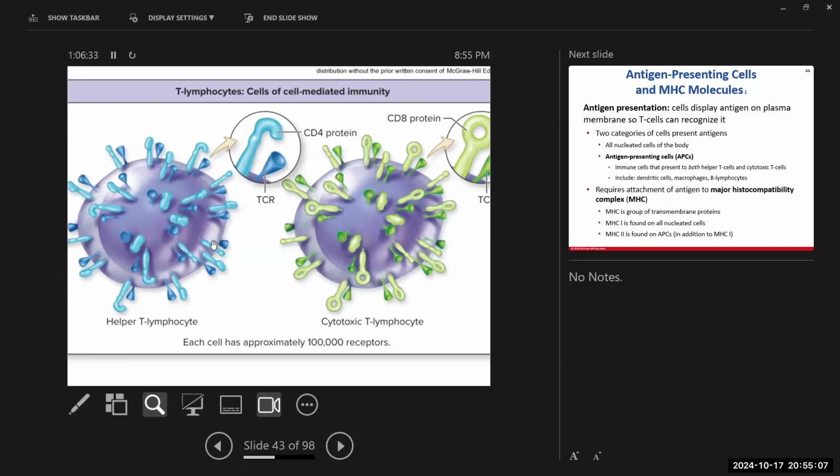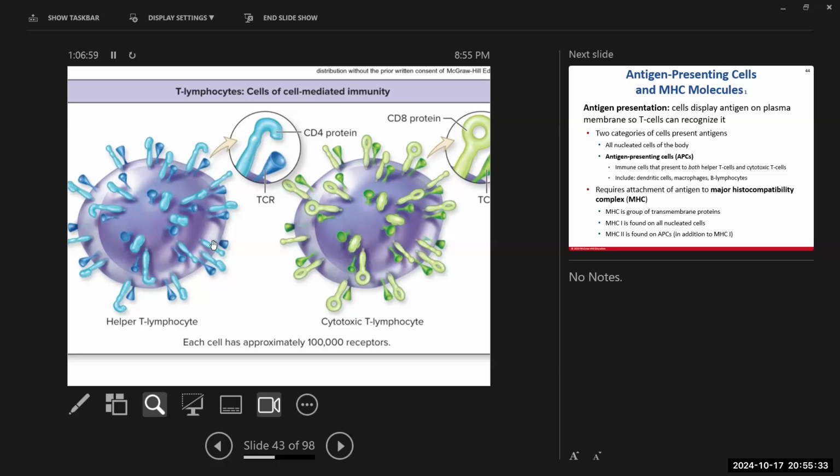This is the receptor. When I was talking about immune surveillance, when these cells are on a walkabout and they're inspecting cells to see if they're self or foreign, the initial receptor that contacts another cell or an antigen is going to be the TCR, the T cell receptor.